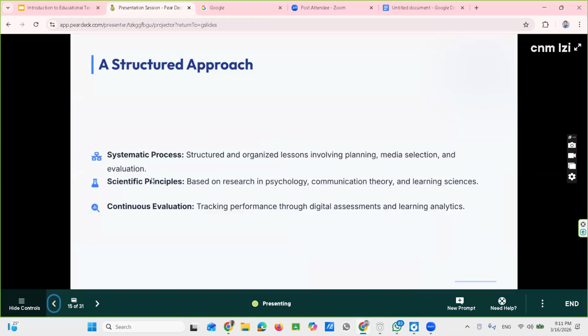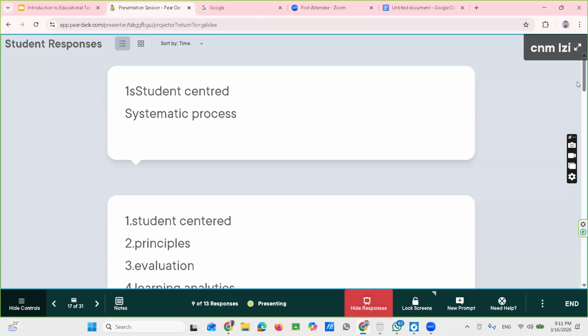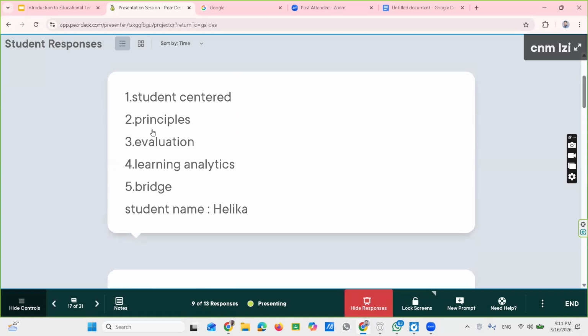Here, look at the scientific principle based on the research in psychology, communication theory, and learning sciences, right? The answer you can get from that statement. Structured approach relies on scientific principles. Scientific principles. Right? The answer from Helika, you are only giving the principles, right? It should be scientific principle.